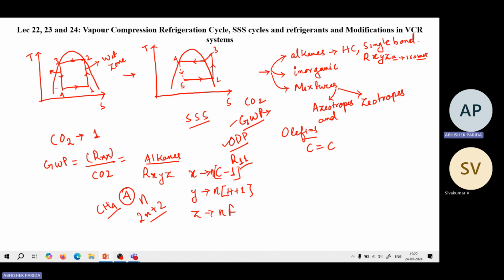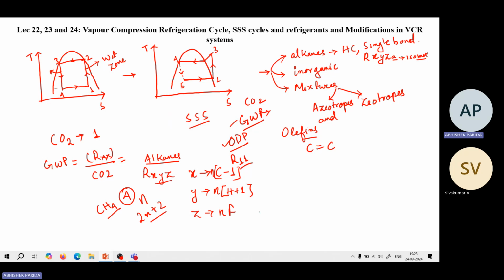If you want to substitute hydrogen with other atoms like chlorine or fluorine, then you have to substitute this hydrogen with another single bond atom, chlorine or fluorine. That is the way this is being named, and I think this has been very well covered in the lectures, so you can refer to that.